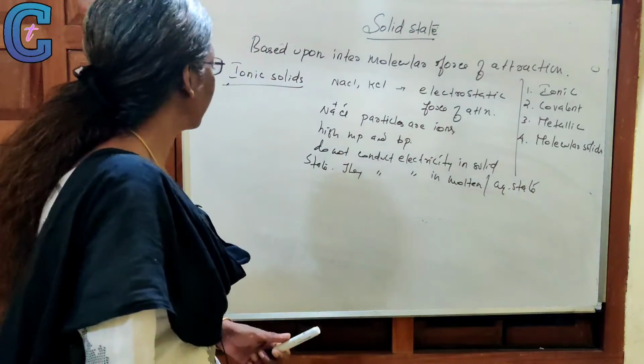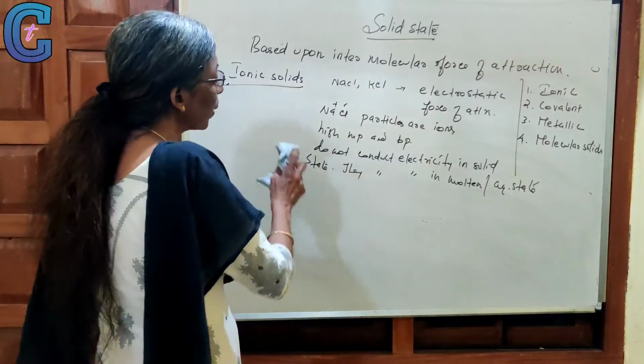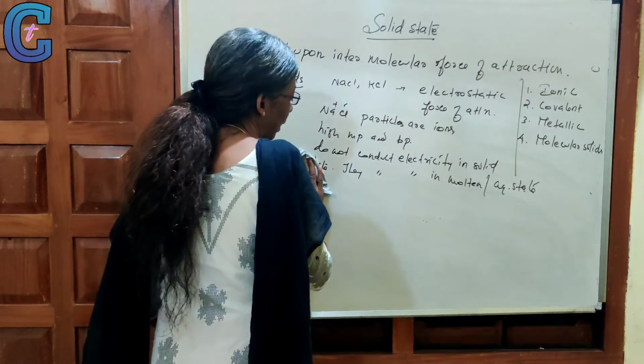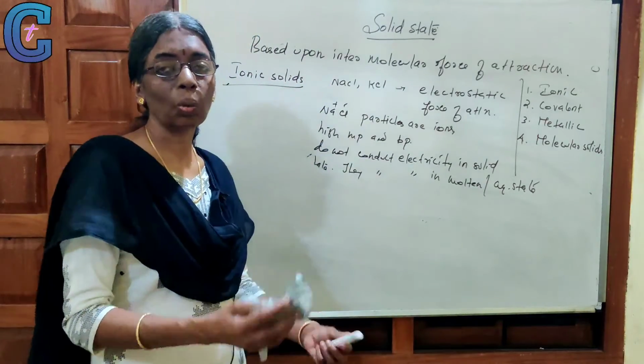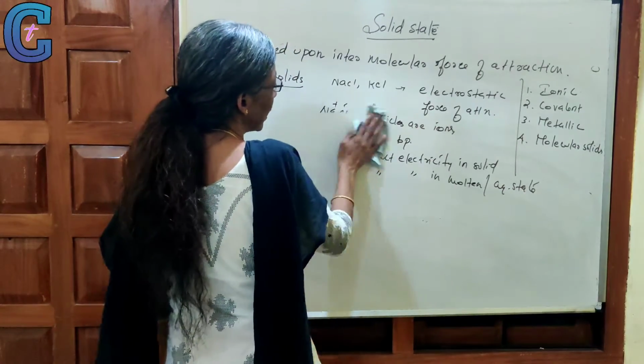Now next we go for covalent solids. Very good examples are graphite, diamond, SiO2, SiC, etc. They are covalently bonded atoms.